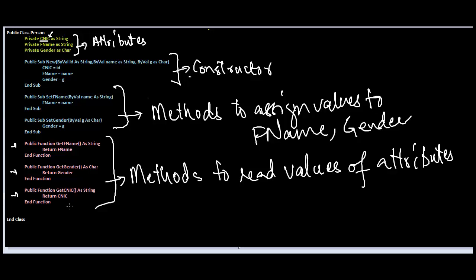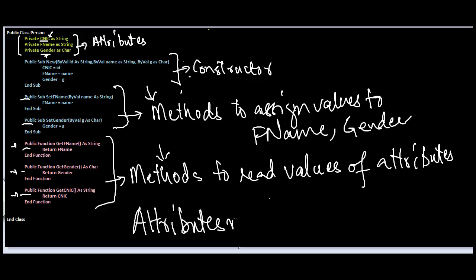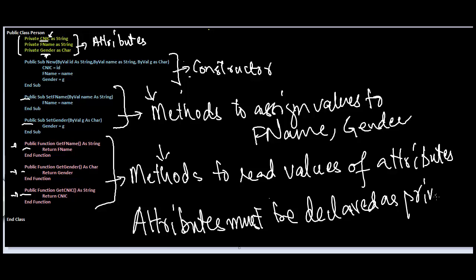So the key concept here is that we are going to write methods to assign values to attributes, and we are going to write methods to read values of attributes. And finally, the attributes must be declared as private.